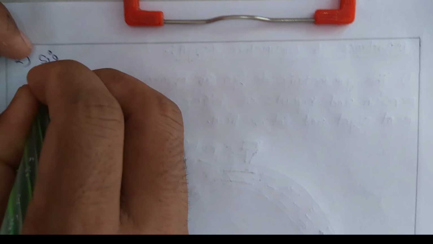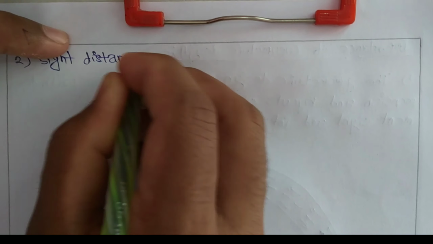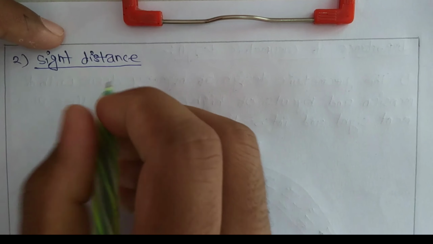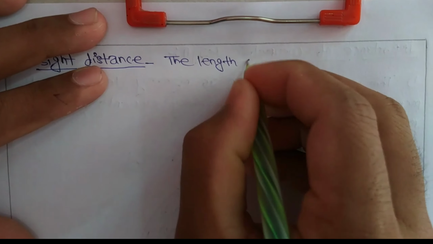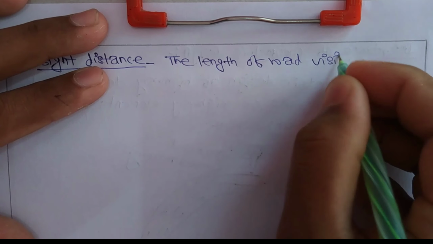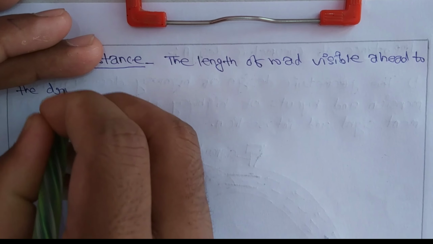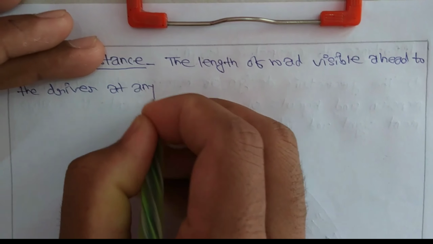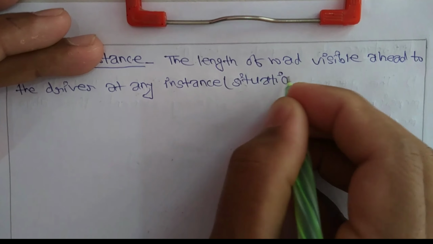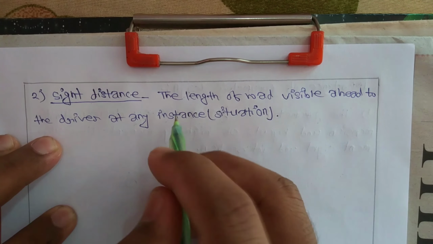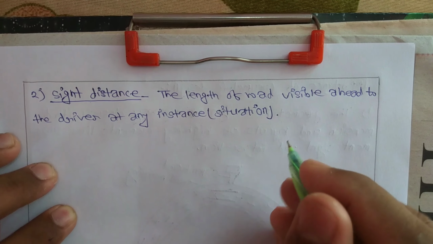that is sight distance. Sight distance means the length of the road visible ahead to the driver at any instance.